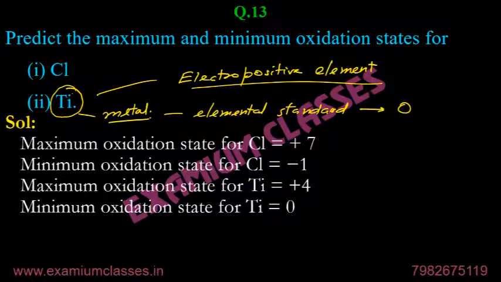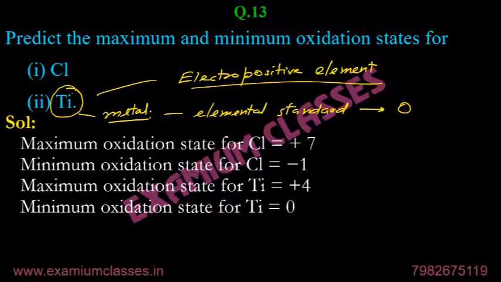And the maximum oxidation state you can find from the number of valence electrons. Okay. So how many valence electrons are there in titanium? Yes, 4. Good. So because it has 4 valence electrons, at the most it can lose 4.